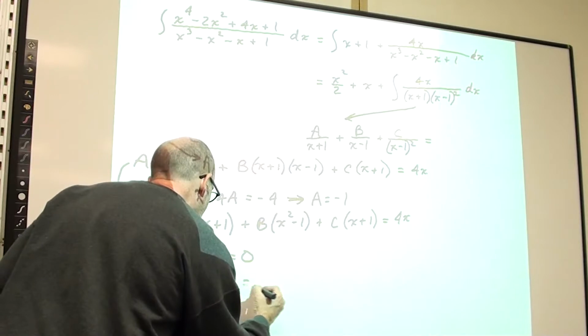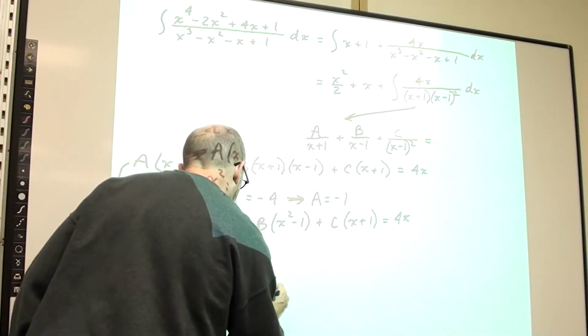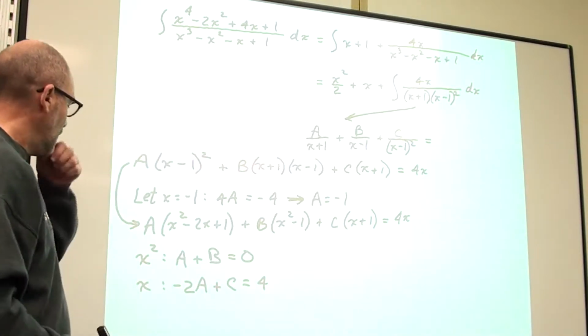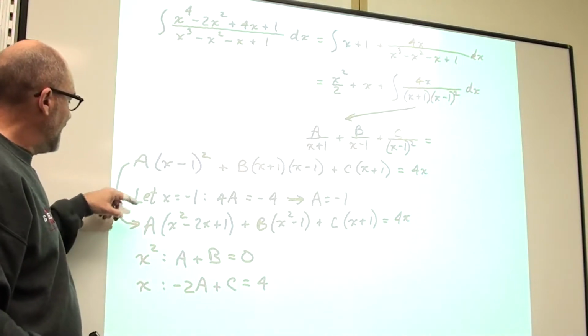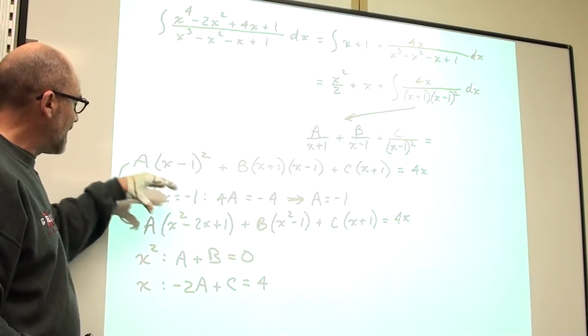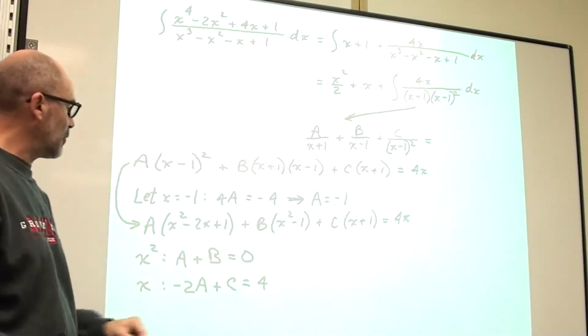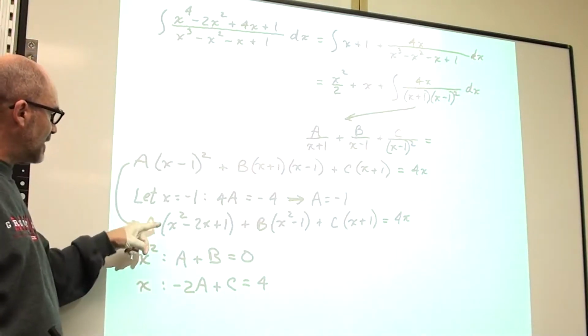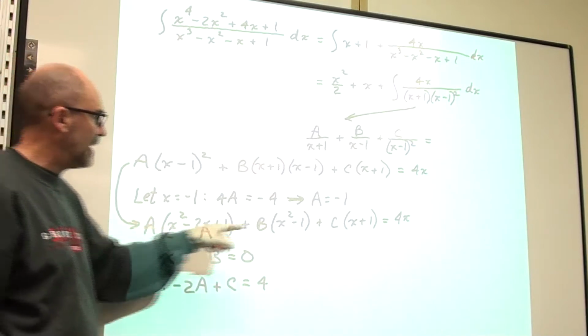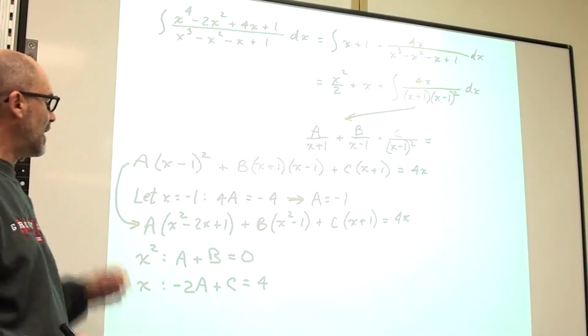And how many x's do I have on the other side? 4. So basically what I'm saying is that anything times x squared on the left has to equal that same thing times x squared on the right. Anything times x on the left has to equal anything times x on the right.